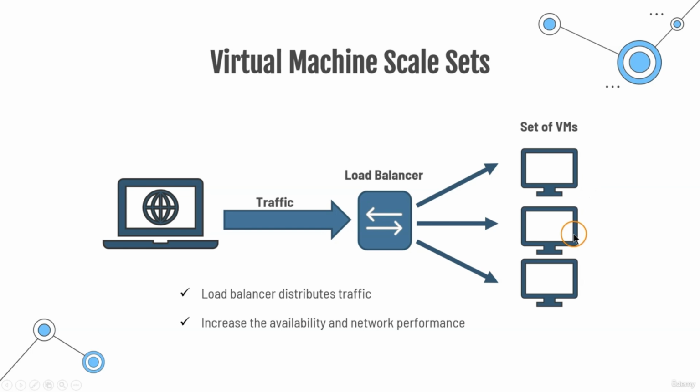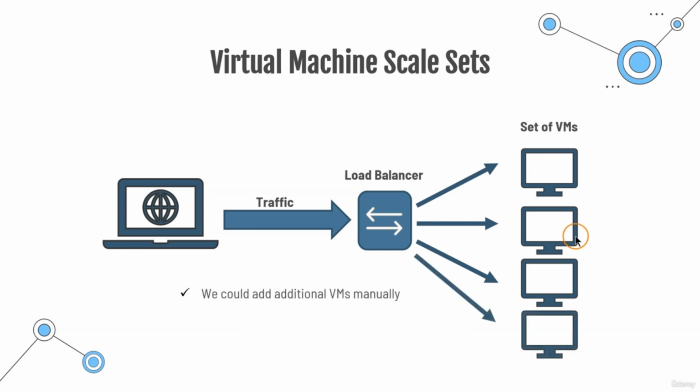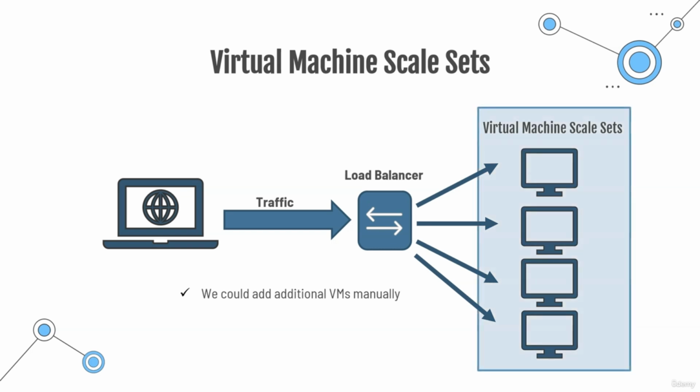So, of course, what we could do is manually add additional virtual machines. But sometimes our demand is really dynamic. So in the evening, maybe we have much more traffic than in the afternoon, and therefore this manual process is really not the ideal solution. In such situations, we can make use of virtual machine scale sets.